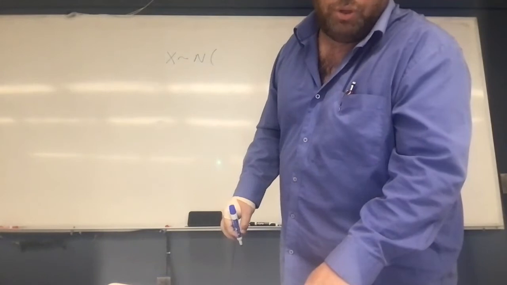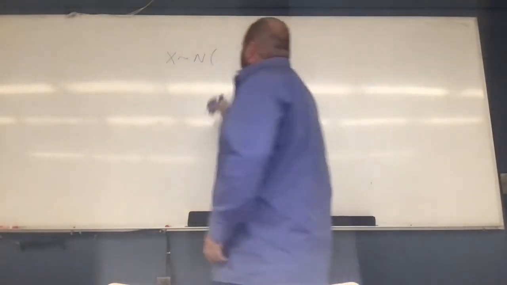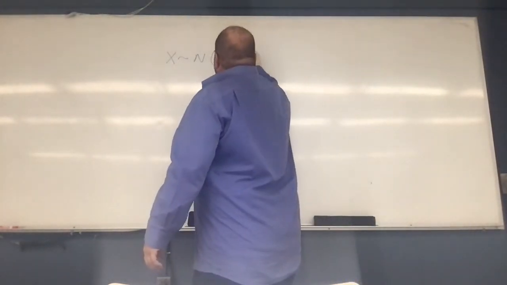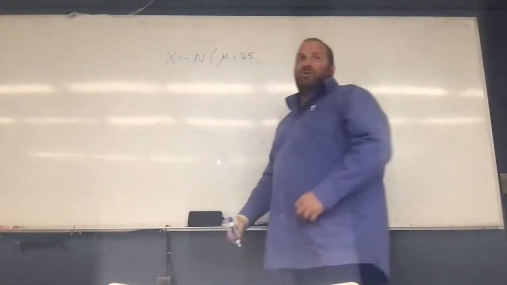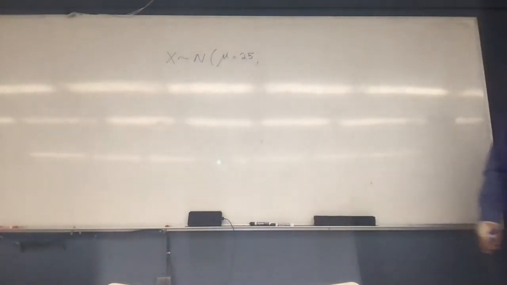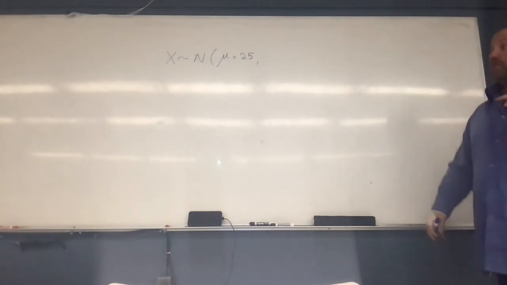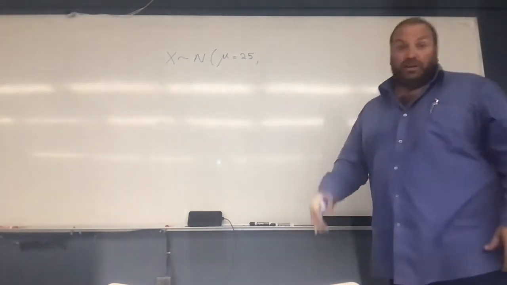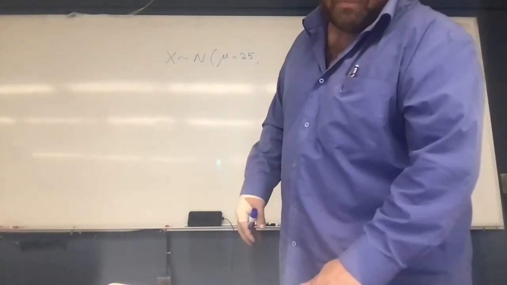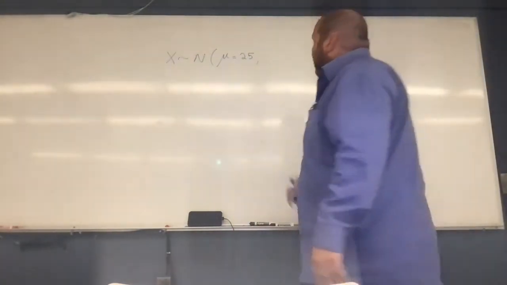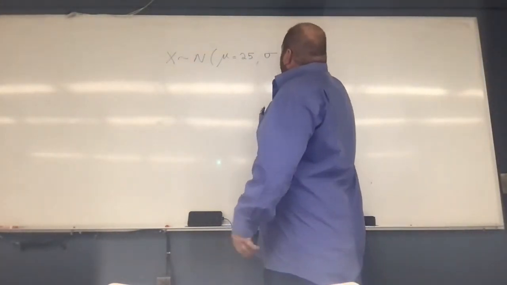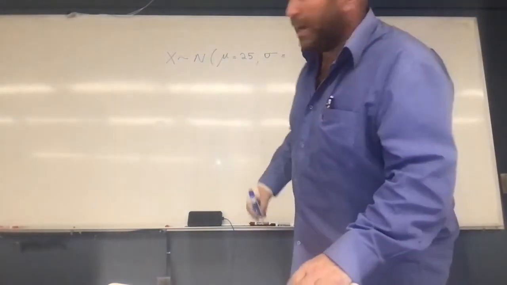with mean mu equals 25 micrograms per liter. I'll just write the numbers and not worry about the units because we're focusing right now on the numbers. So mu equals 25 micrograms per liter and sigma equals 7 micrograms per liter.